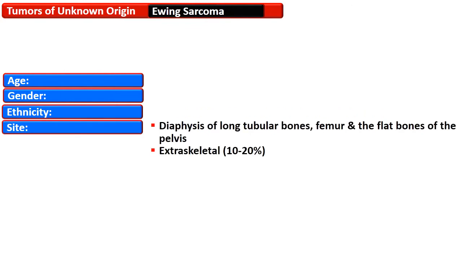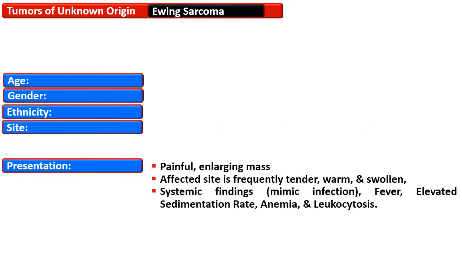The diaphysis of the long tubular bones, such as the femur, and the flat bones of the pelvis are involved in the skeletal involvement of this lesion, while this Ewing sarcoma also tends to involve extraskeletal sites, and these account for about 10 to 20% of the cases.